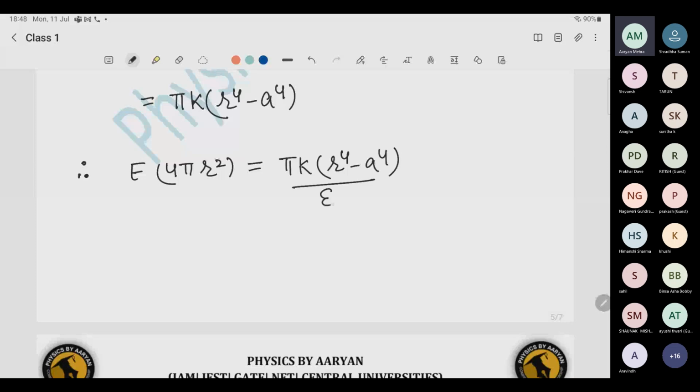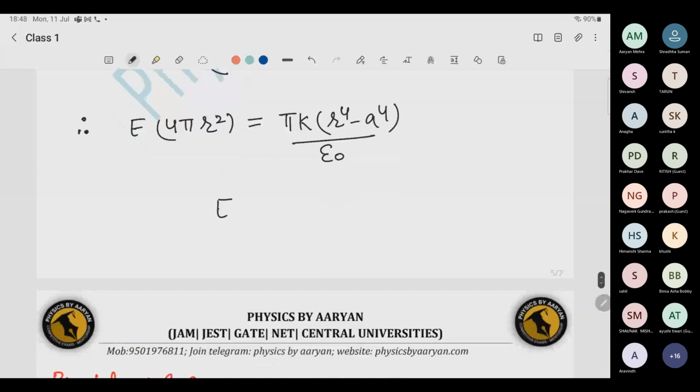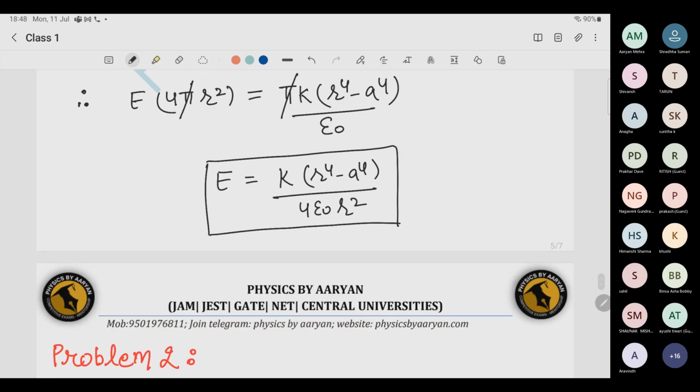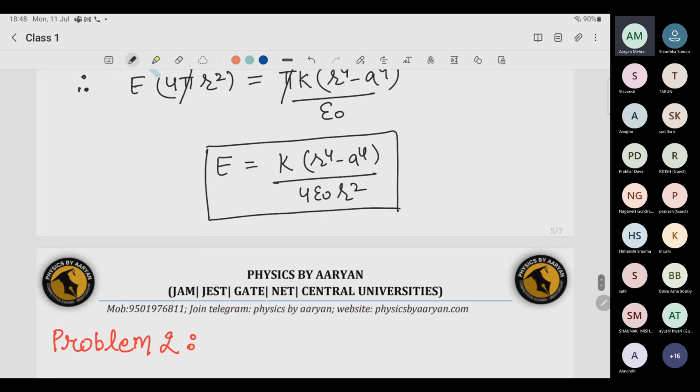I have a very good question coming up for you. You are actually going to beat me now. So E equals k (r raised to power 4 minus a raised to power 4) over 4 epsilon naught r square. This is the electric field between the two spheres.